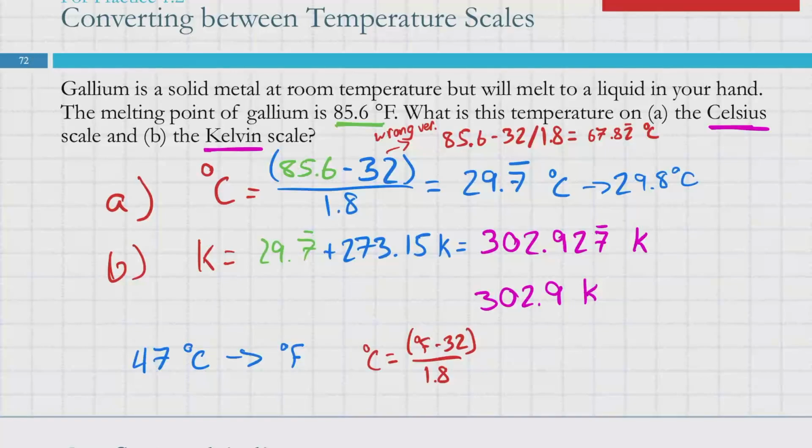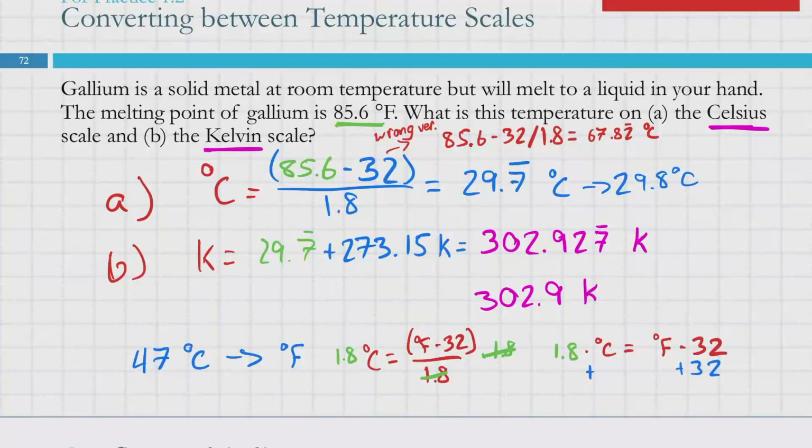To move the 1.8, we can treat both sides equally, multiply both sides by 1.8. When we do that, the 1.8 on the right side cancels out, and it would turn into 1.8 times degrees Celsius equals degrees Fahrenheit minus 32. And then we can go ahead and add 32 to both sides.